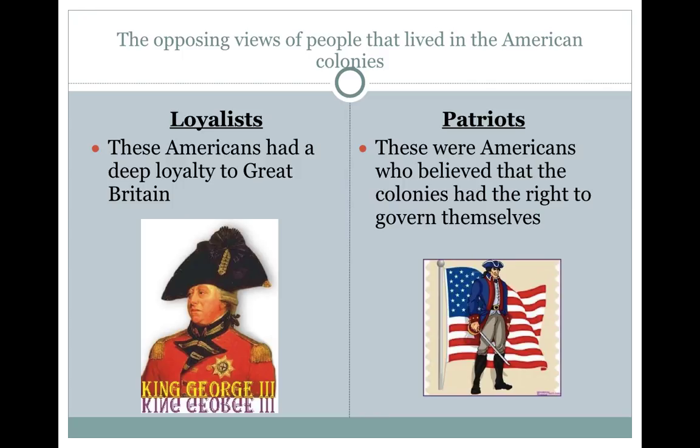The Patriots were a small percentage of people as well, but they were able to drum up support and convince people in the middle that independence and governing themselves was the best way to go. So I want you to think about that. We've got loyalists and patriots. Loyalists loyal to Great Britain. Patriots want independence. They want to govern themselves. So we've got our two different people. See, the guy's got a sword. He's ready to fight. So here we go.